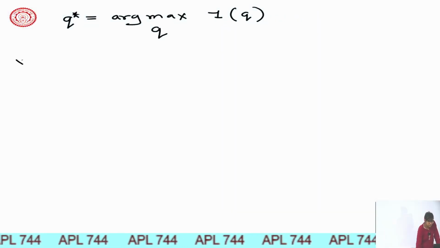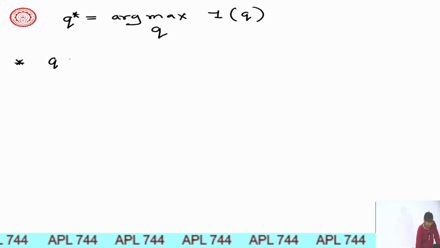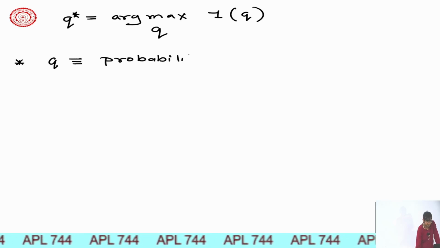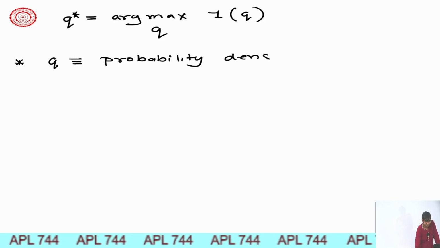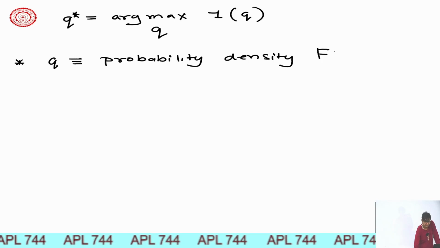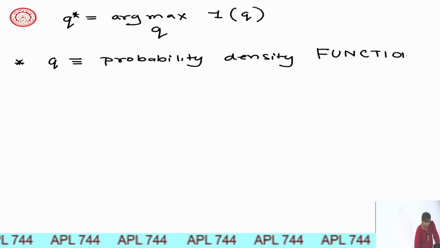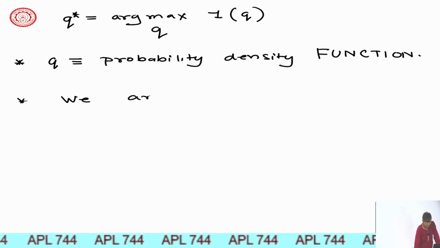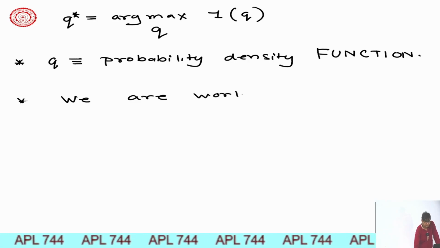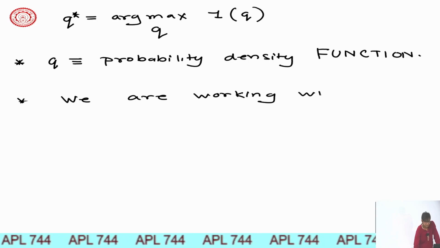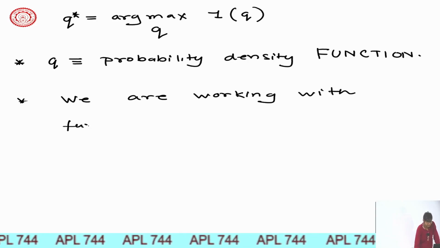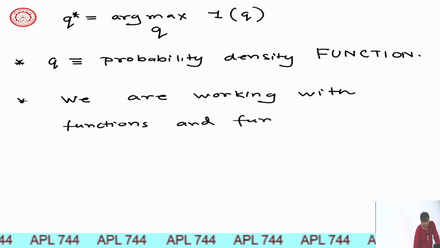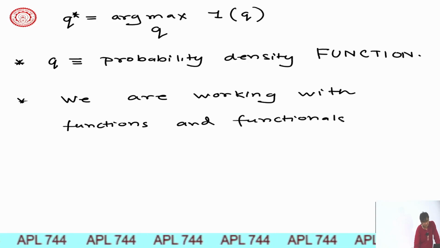So Q is basically a probability density function, which means we are working with functions and functionals. Right?